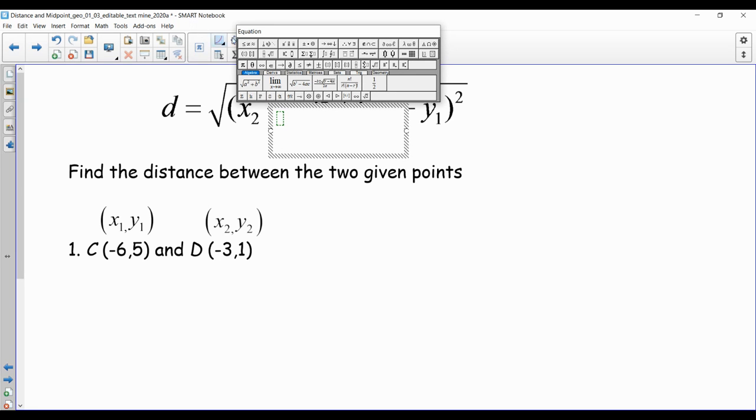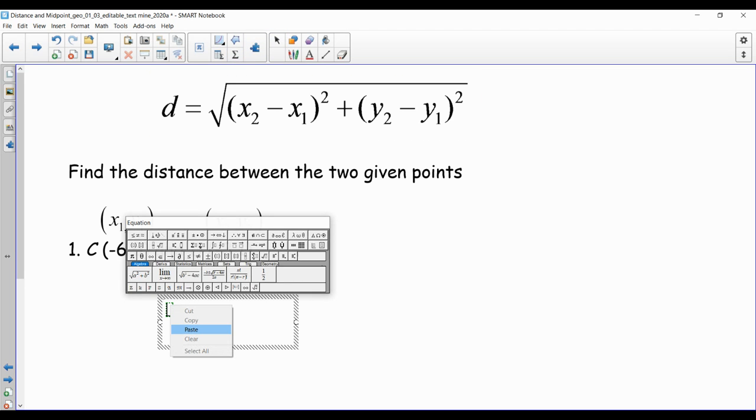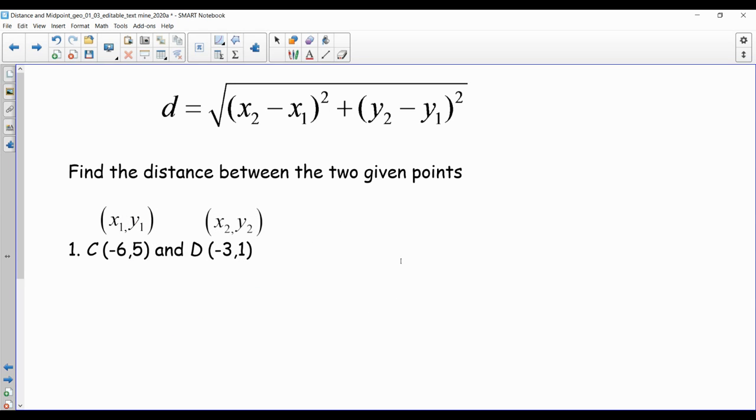Oops, let's see. Copy, paste. It's not letting me paste it, so all right, whatever.